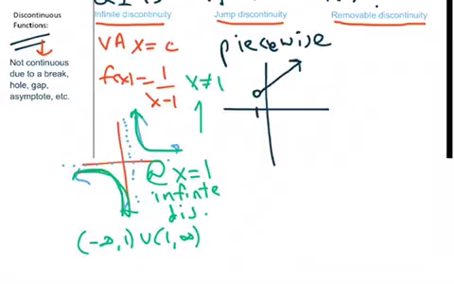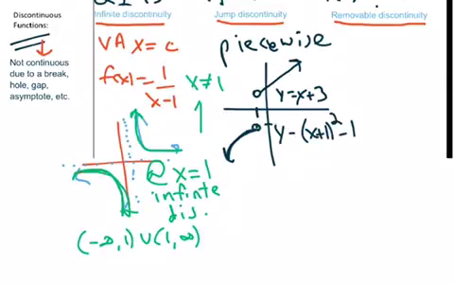And then at negative 1, from down here, it's going to shoot this way, like part of a parabola. So I have this piecewise function. Let's say this piece is y equals x plus 3, and this piece is y equals the opposite of (x plus 1) squared minus 1.